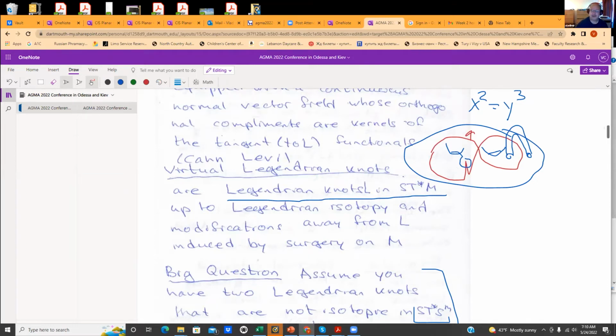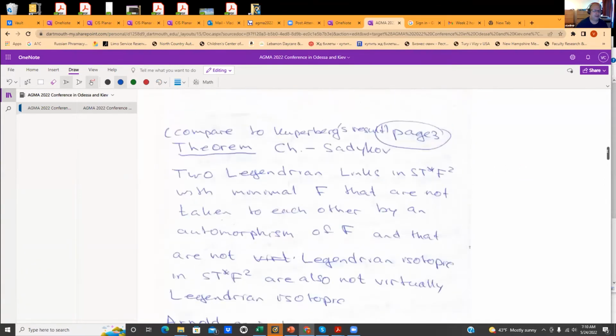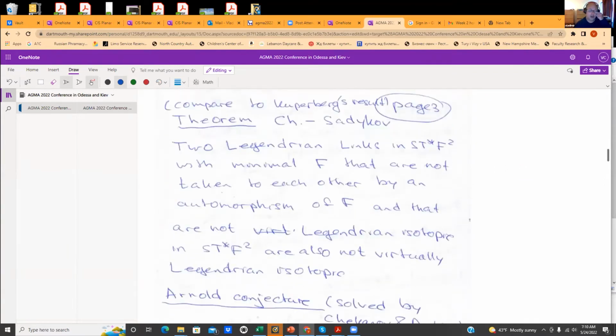So we proved a similar theorem with Rustam Sadykov for two Legendrian knots in the spherical cotangent bundle of a surface. It is essential that our proof is for spherical cotangent bundles of two-dimensional surfaces. We do not know how to generalize this to arbitrary manifolds, but we proved it.